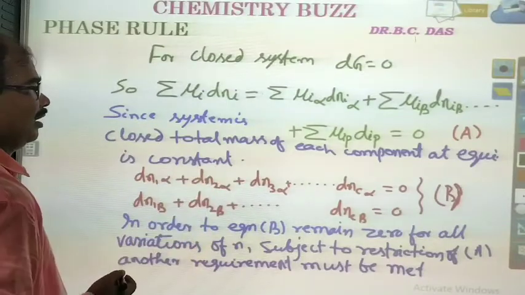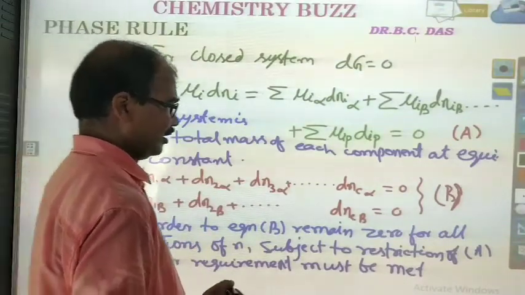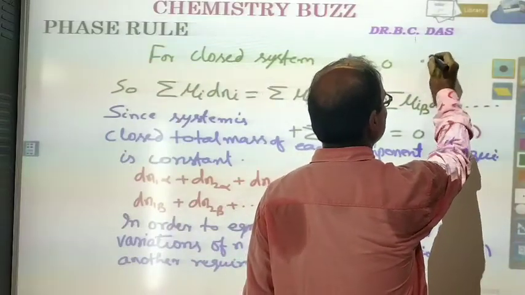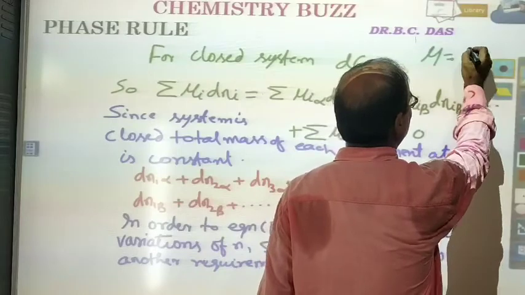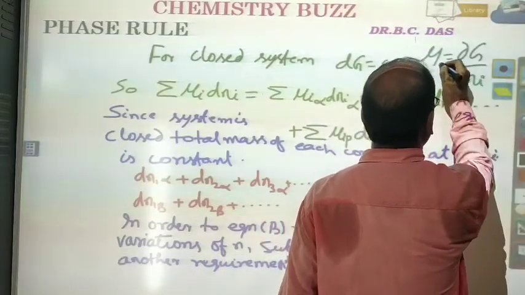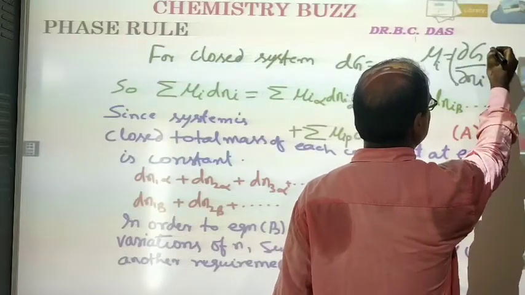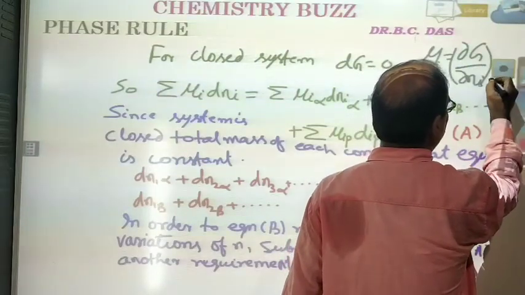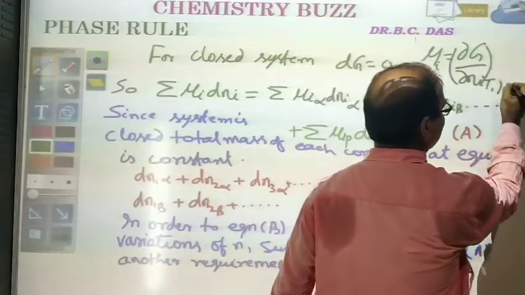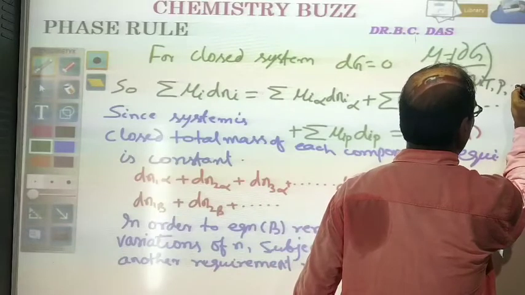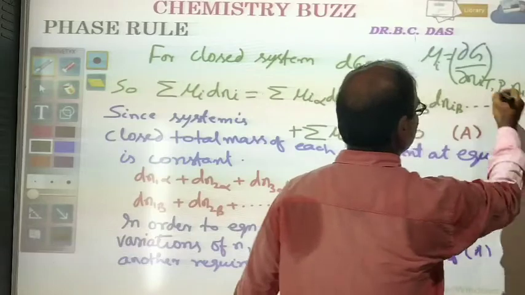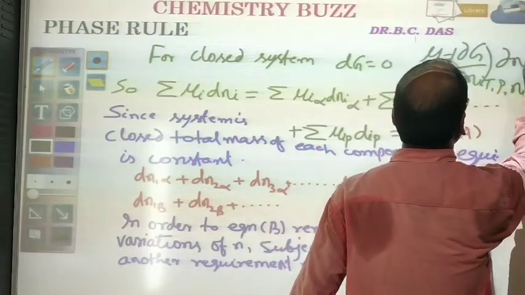So what is the chemical potential? Let me tell you. The chemical potential is expressed as mu i is equal to dG by dni, when the temperature, pressure and other components 1, 2, 3 up to n remain constant, and this is the dni.